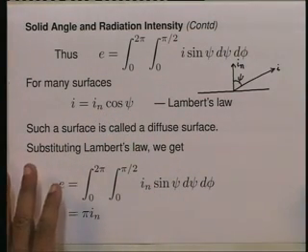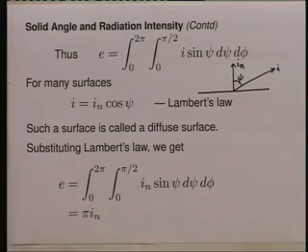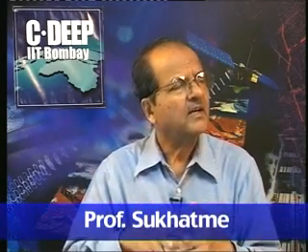Such a surface, for which Lambert's law, relating intensity in any direction to intensity in the normal direction, is valid, is called a diffuse surface. Many real surfaces to a large extent obey this law. Therefore, we will use it often as an idealization.